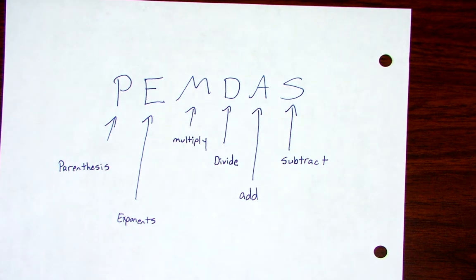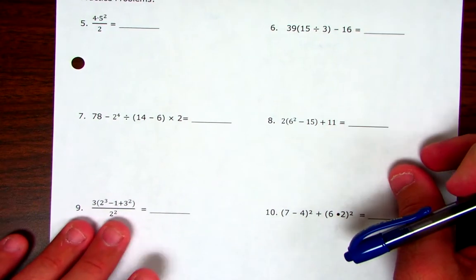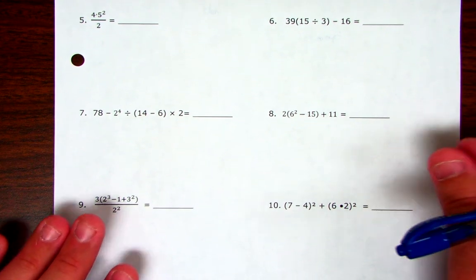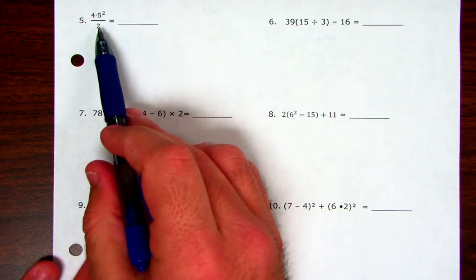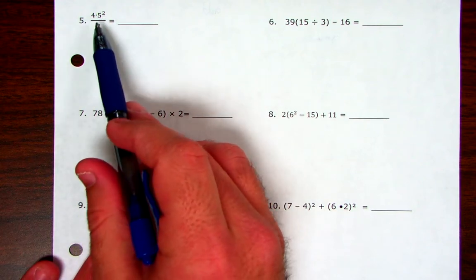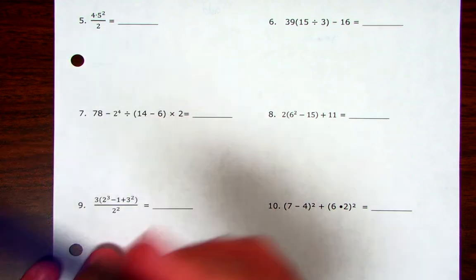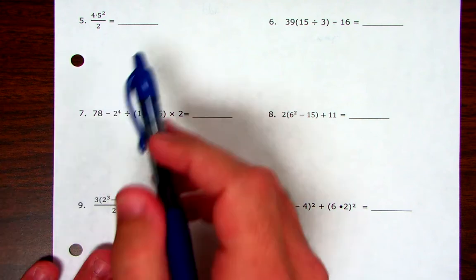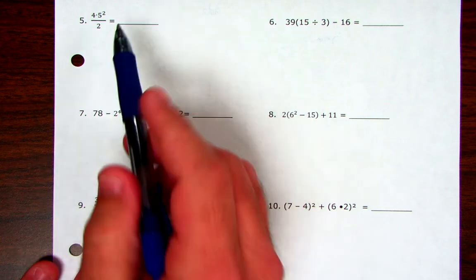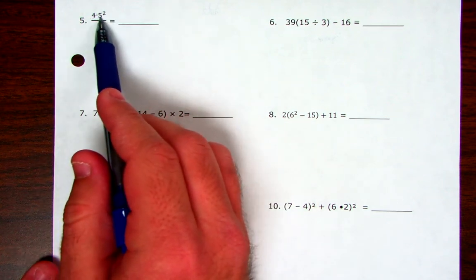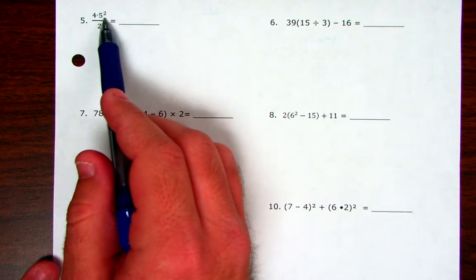Okay, I'm going to flip to the front. Again, this is something that we did in class based on how you did with flexible grouping. Alright, so if you look at number 5 here, notice it is in, sorry, not factored form, it's in fraction form. So if it's in fraction form, we're going to have to do everything in the numerator, also known as on top, first.